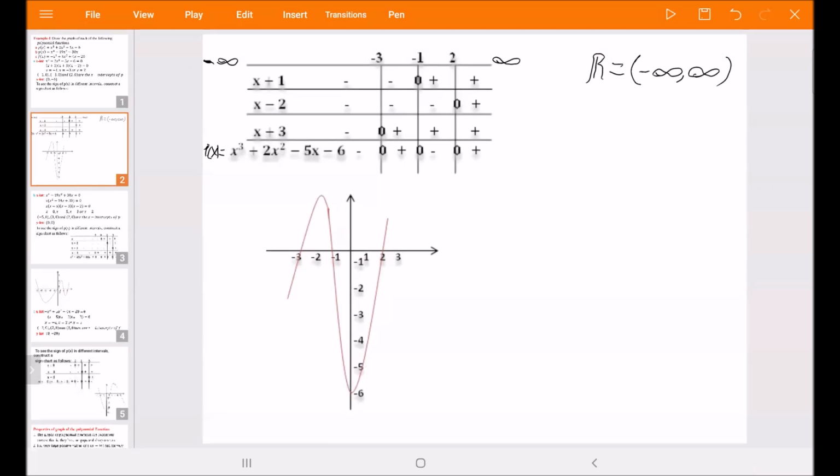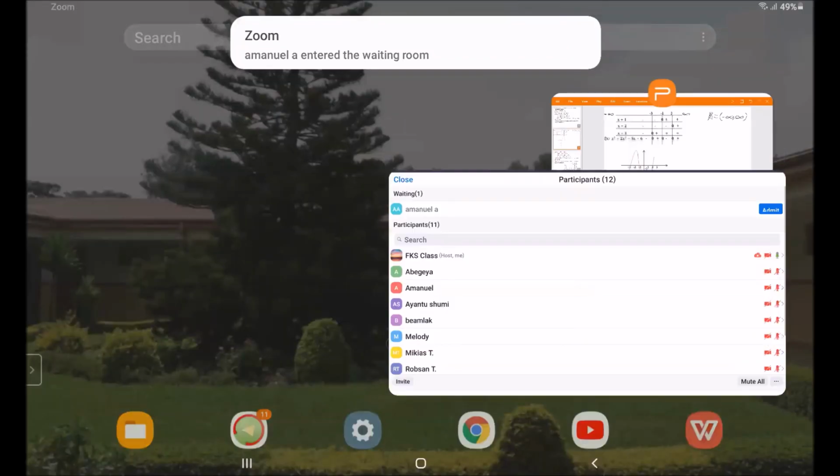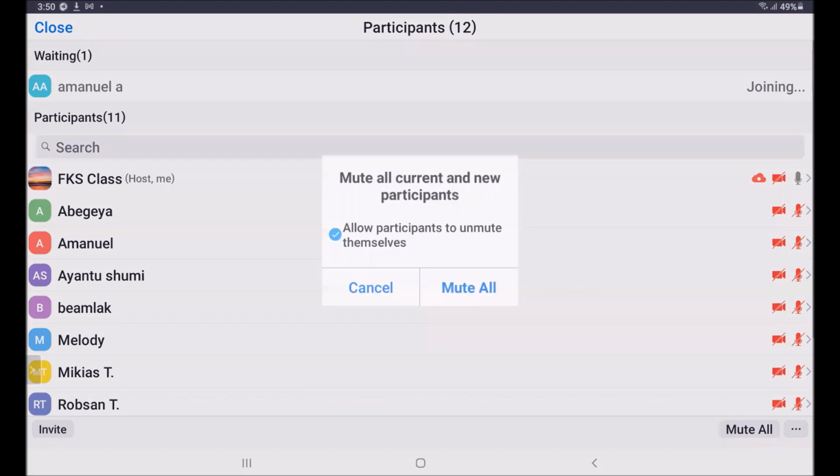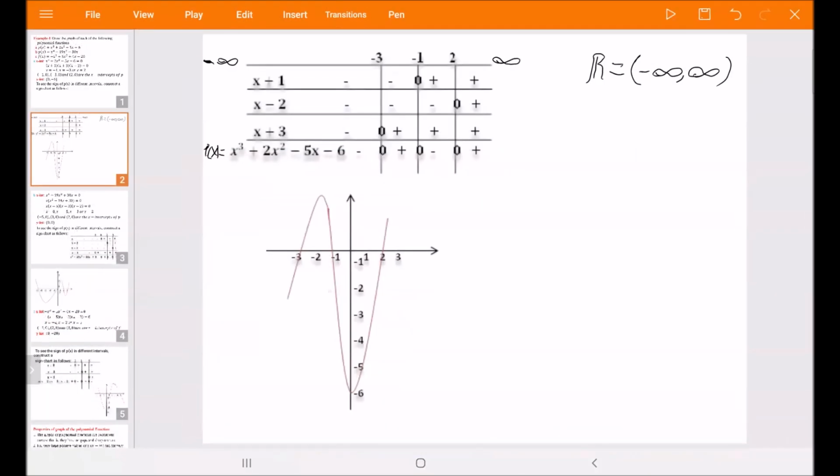Then it should return back up because at x equals 2, it must cross the x-axis, and beyond 2, it must be positive. So it starts to rise, it crosses the x-axis at 2, then after this, it is rising. Therefore, this is the graph of this polynomial p(x).